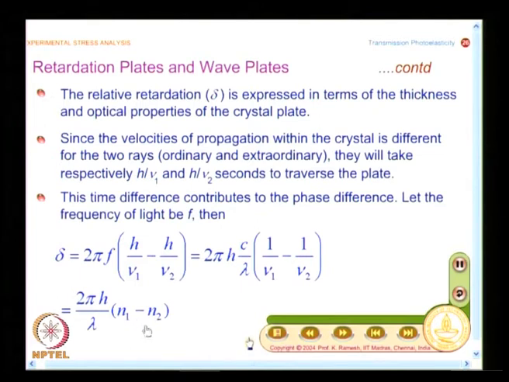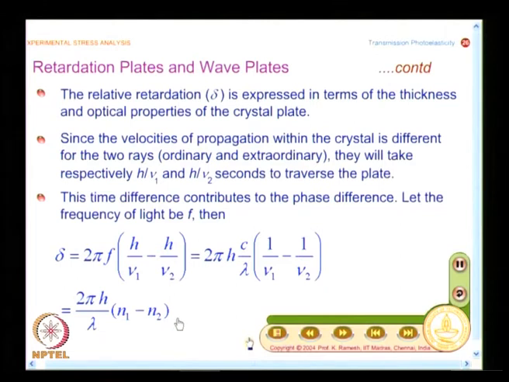These are absolute refractive indices, and you have to note a very important observation on this expression. I have the expression for delta. This is given as 2 pi h by lambda into (n1 minus n2).